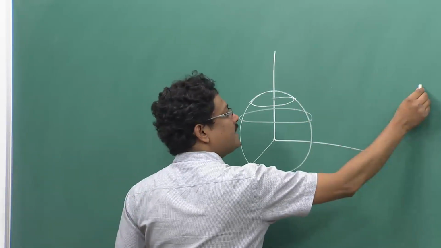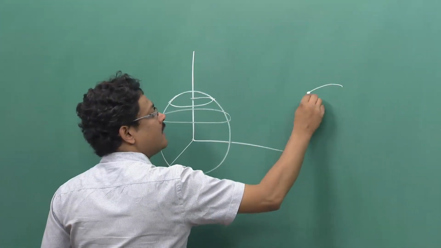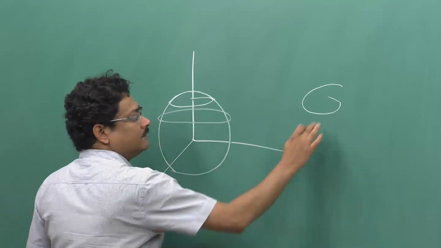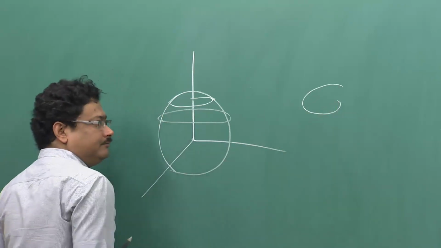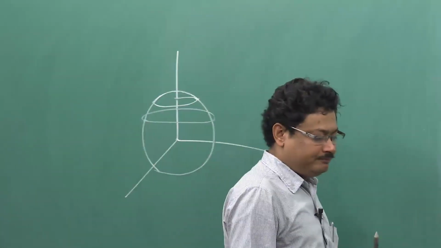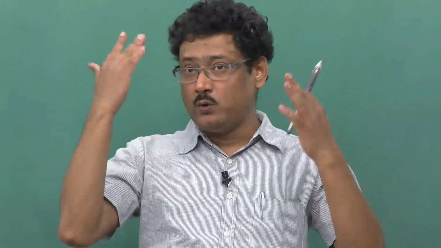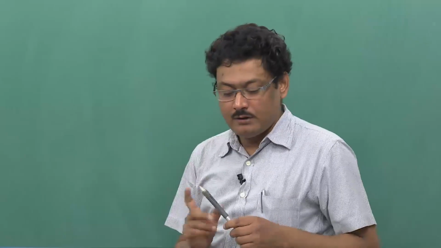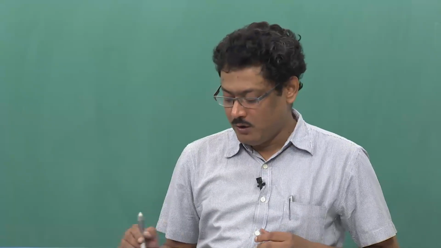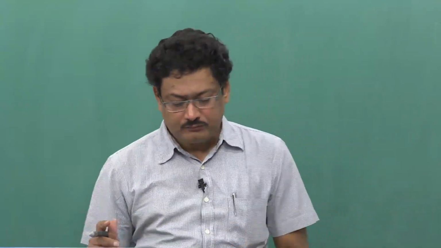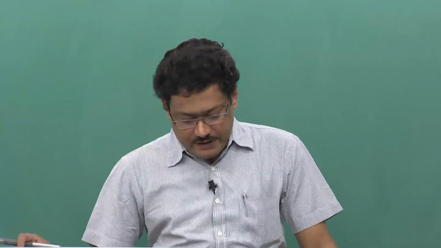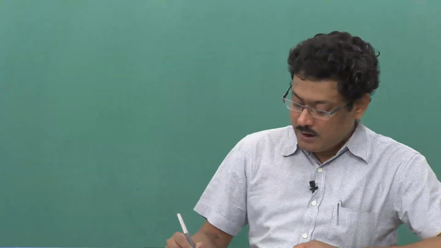So, finally, in R3, I will get a curve like this. There is a difference between geometry in R2 and R3, because in R3 we have an extra dimension to move upon. So, this is the first example, of locus.